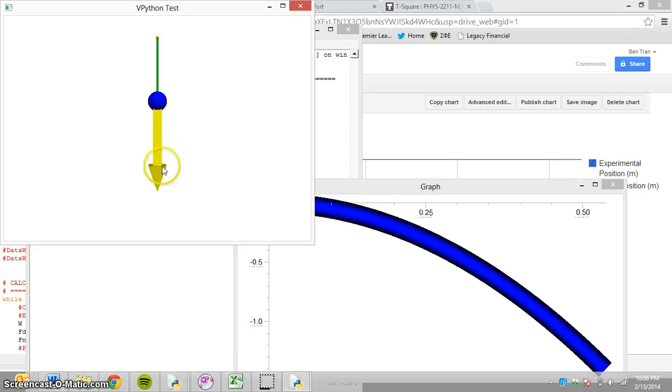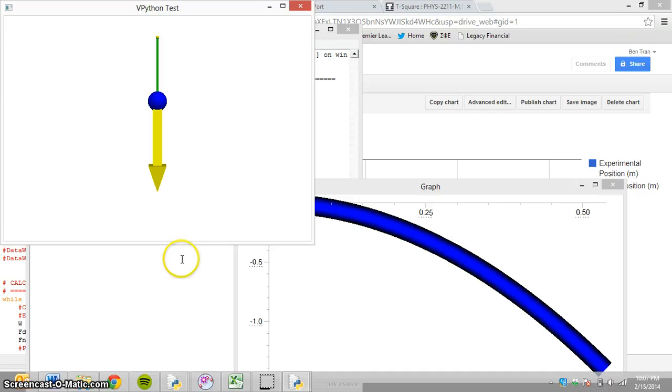There's this arrow pointing down, which represents the force of the weight on the ball, and there actually is an arrow representing the drag force of the ball. We just can't see it because, as I told you, the drag force is so small.